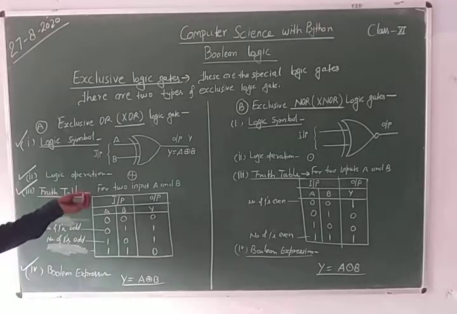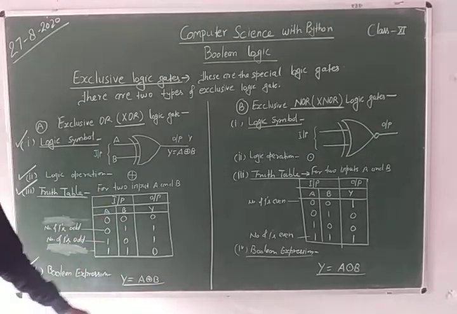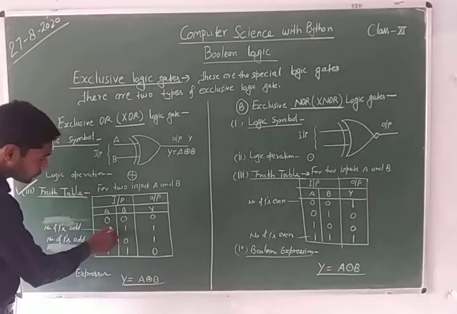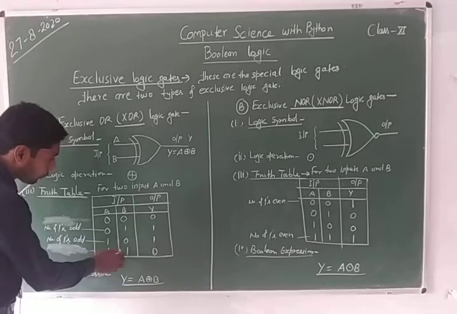The truth table for two inputs A and B is here. Since there are two variables, the total combinations will be 4, and these 4 combinations are 0 0, 0 1, 1 0, 1 1.